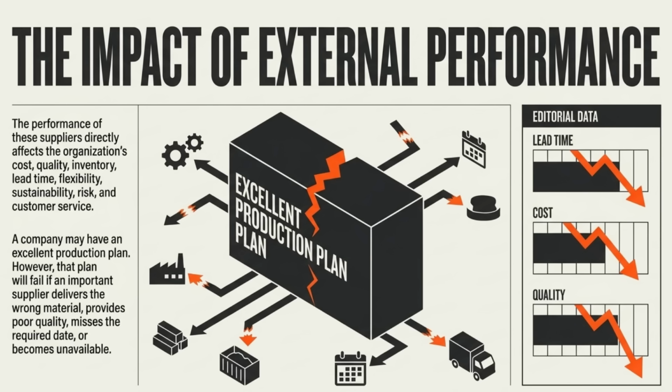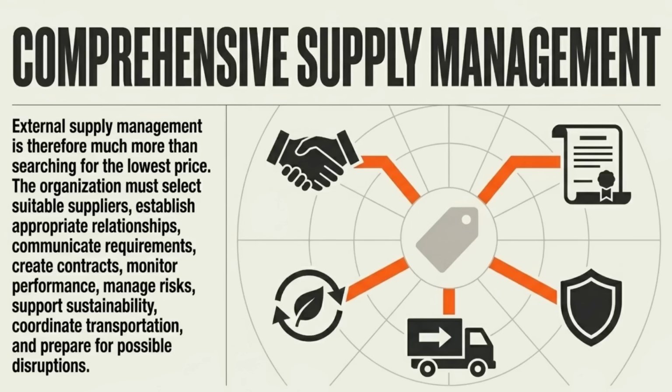A company may have an excellent production plan. However, that plan will fail if an important supplier delivers the wrong material, provides poor quality, misses the required date, or becomes unavailable. External supply management is therefore much more than searching for the lowest price.